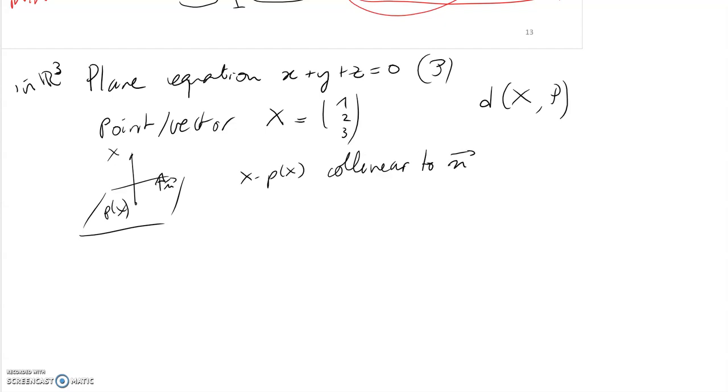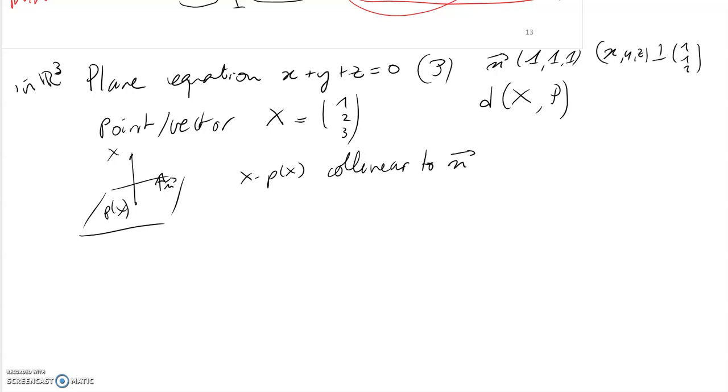The normal vector, you remember from what we did a bit earlier, or maybe from before that. In our case, the normal vector is given by the vector (1, 1, 1), because the equation of the plane comes directly from the fact that it's all the (x, y, z) such that they are orthogonal to the normal vector.